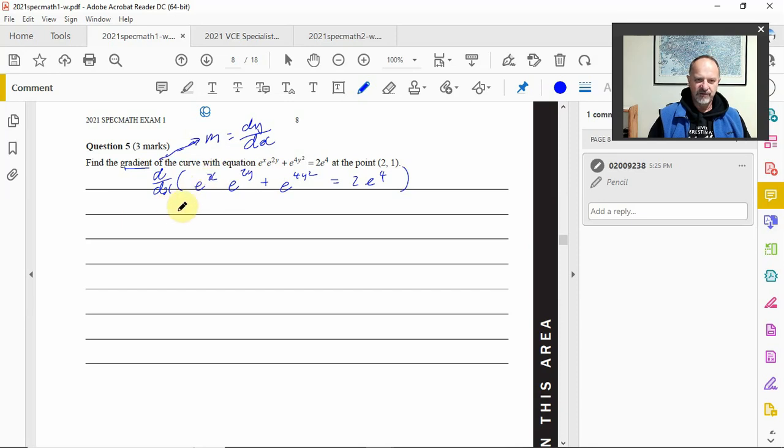The derivative of e to the x is e to the x, times e to the 2y, plus e to the x is still going to be there, but we now need to differentiate this bit here.